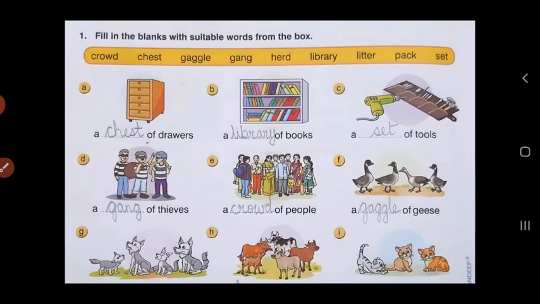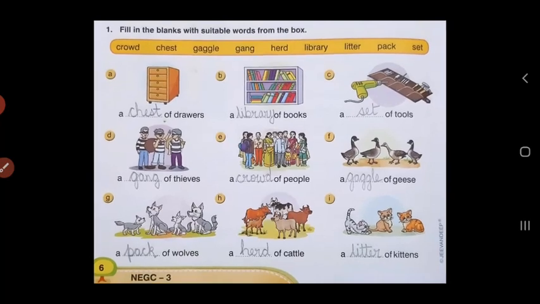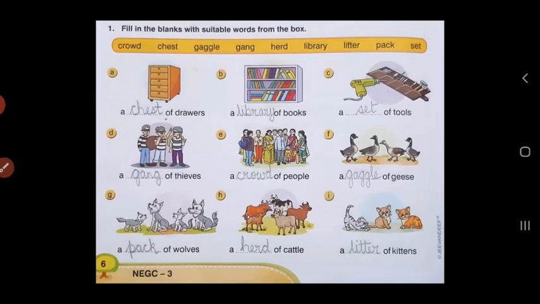In exercise 1, it is fill in the blanks with words from the box. So here you are given different words which are collective nouns. Let us read the words.